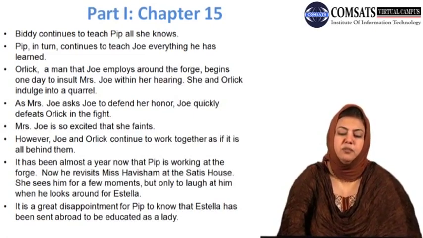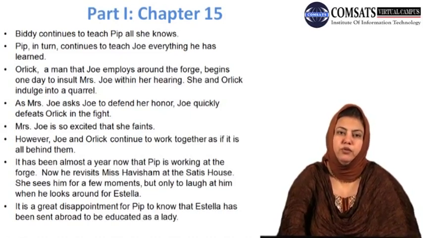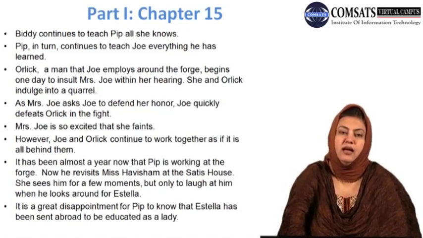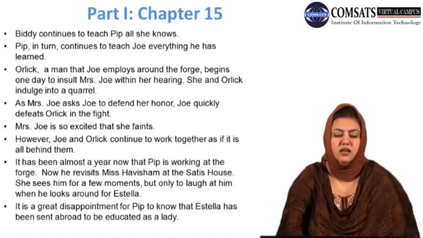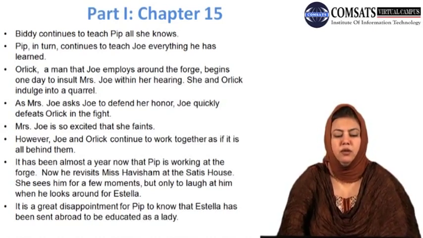This act of bravery on the part of Joe was maybe not expected by us, considering the friendly and kind nature of Joe. But what we understand is that when it is the need of the time, Joe has the rightful courage that is needed. Mrs. Joe is so excited that she faints. However, Joe and Orlick continue to work together as if it is all behind them.